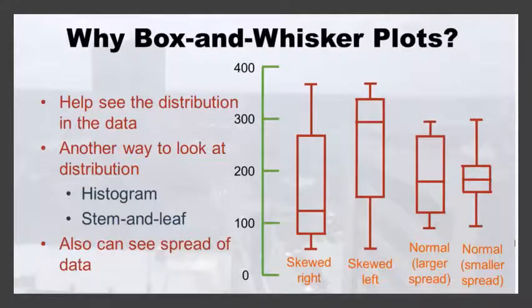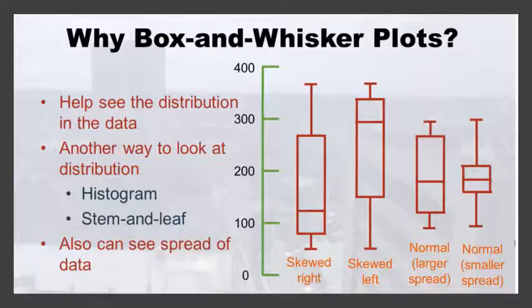So why do we even do box and whisker plots? It's kind of the same answer as for a lot of the other plots we have learned in this course. Like with our histograms and our stem and leaf, we do this because we want to see the distribution in the data. This is just another way to look at distribution, so you can see the spread of the data.